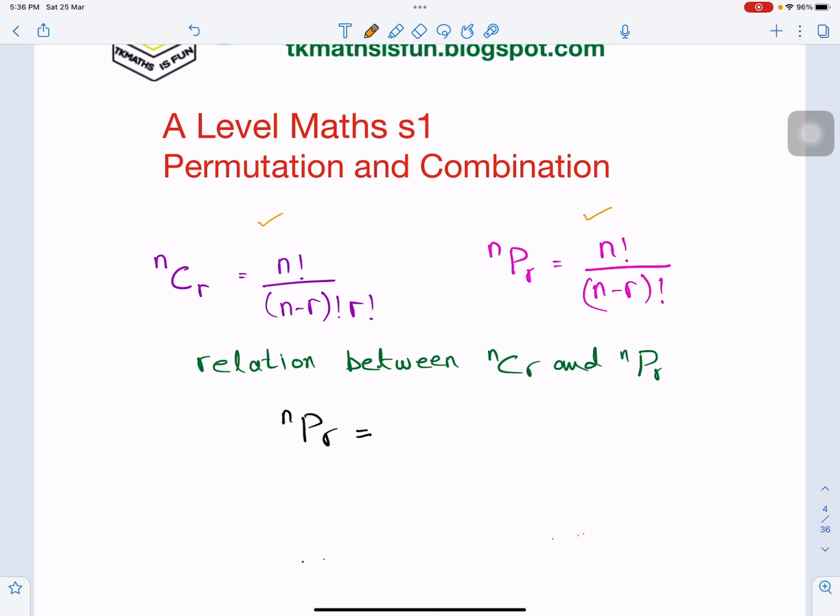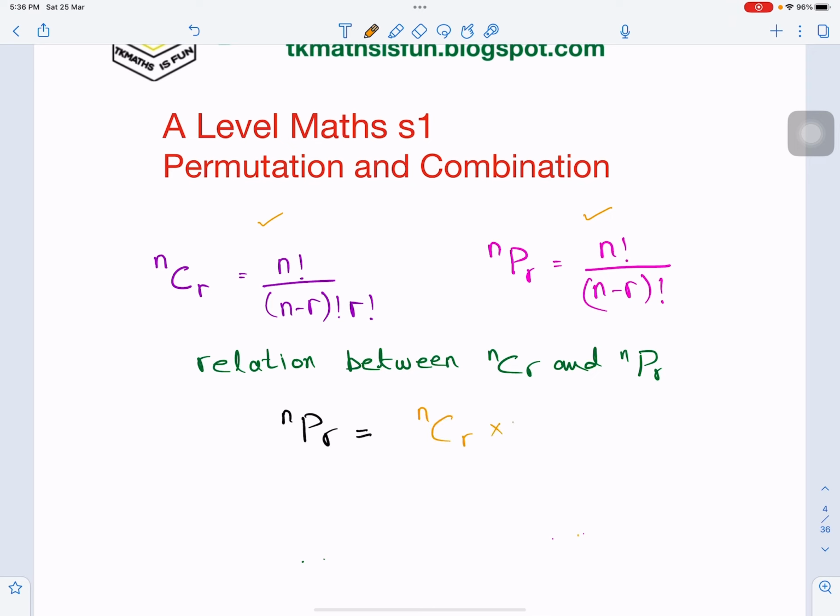Let's see the relationship between nPr and nCr. So nPr will be equal to nCr? No, it is not. How can we make it equal? If we multiply it by r factorial.